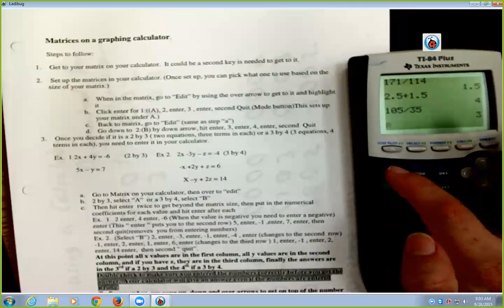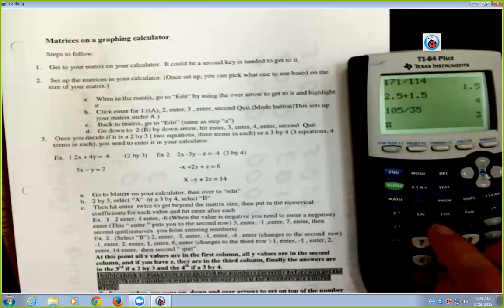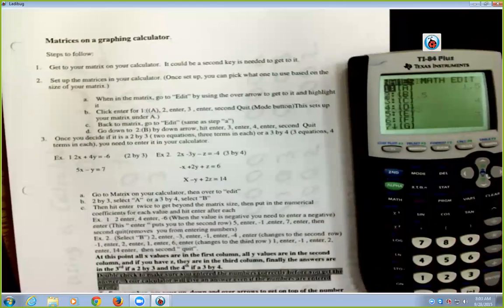If you go second, hit your matrix button, it's going to show you that information, and we can put into this calculator up to 10 matrices all at once. It's kind of confusing. The most that we're going to use it for is probably one at a time, or two at a time.